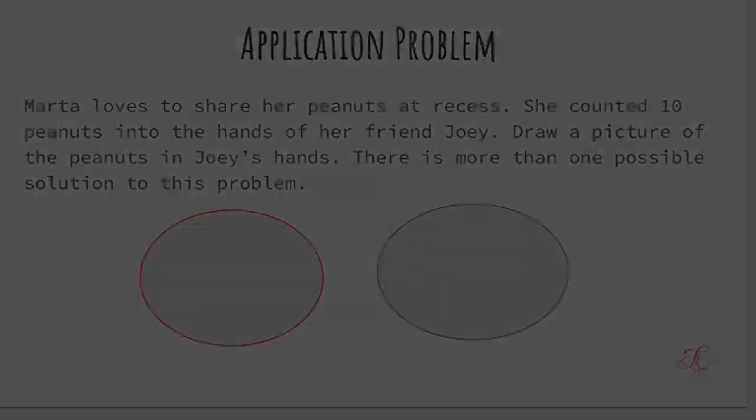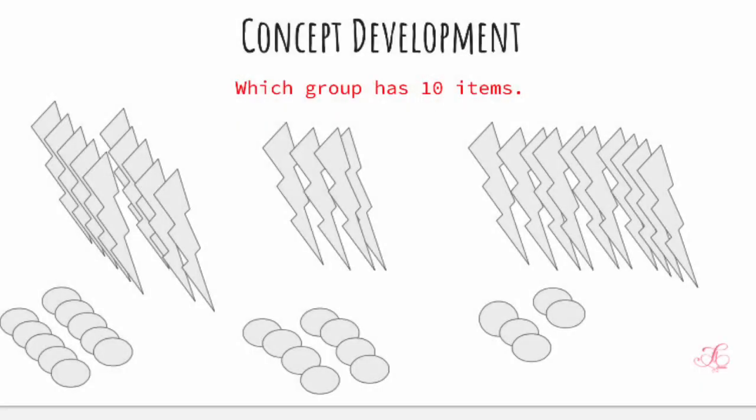Now we are going to go into our concept development. Remember, our objective is to count how many are in a pile and call them 10 ones. Are you ready? Let's begin. Let's look at the first group.